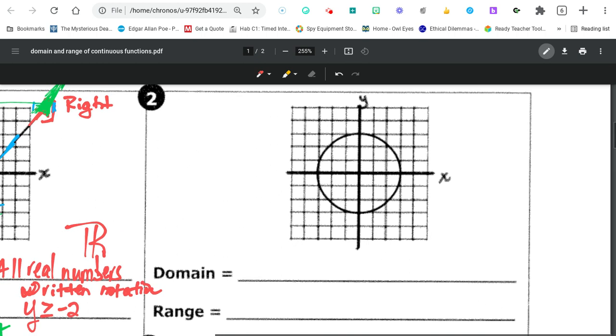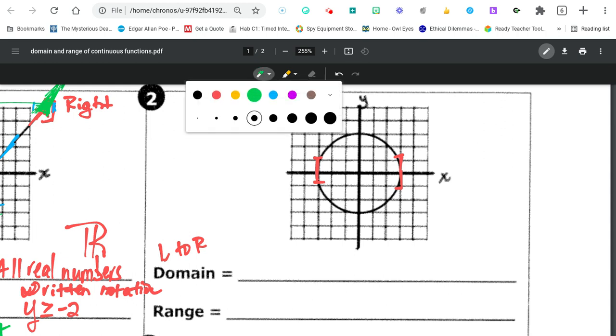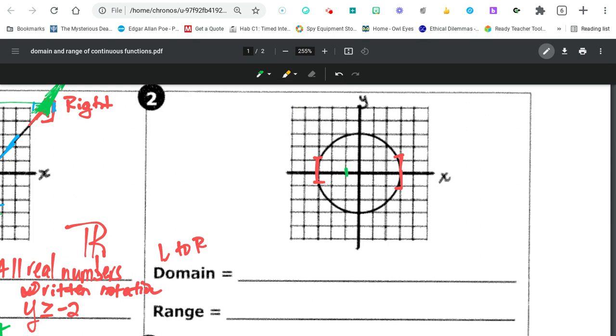All right, let's take a look at number 2. Look at how far it stretches, going left to right. The graph stops right here to the left, and it stops right here to the right. That's as far as it stretches. So let's see what that point is: -1, -2, -3.